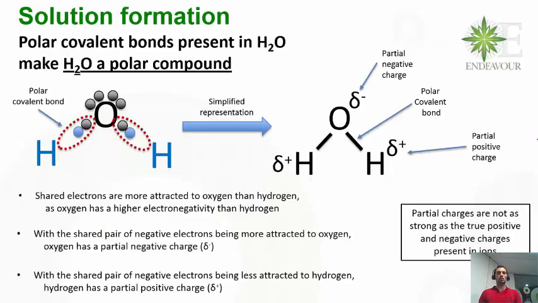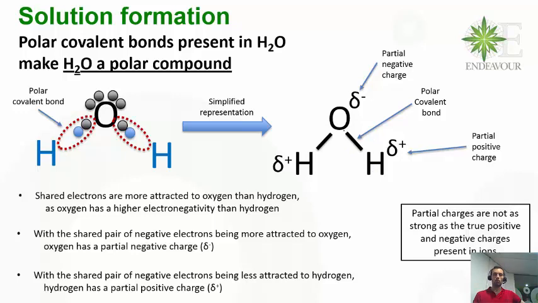Now we're going to go into the technicalities of exactly why the polar water solvent can dissolve the polar solute, which is the NaCl. Remember that for each water molecule, it's got two polar covalent bonds connecting the oxygen and hydrogen atoms.